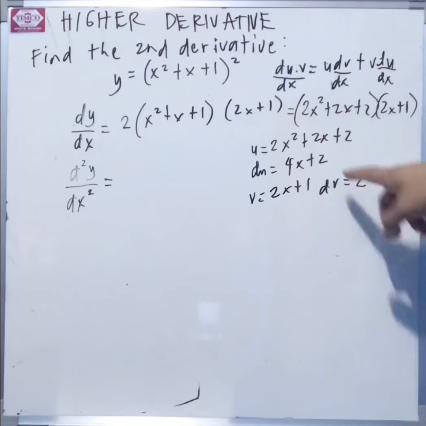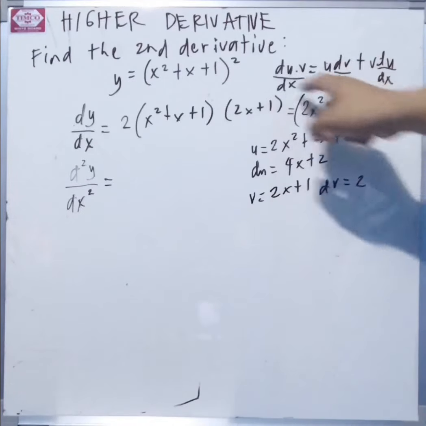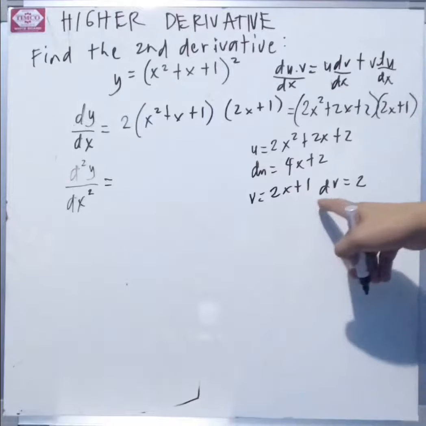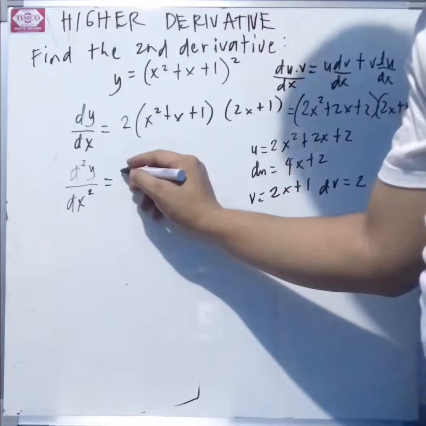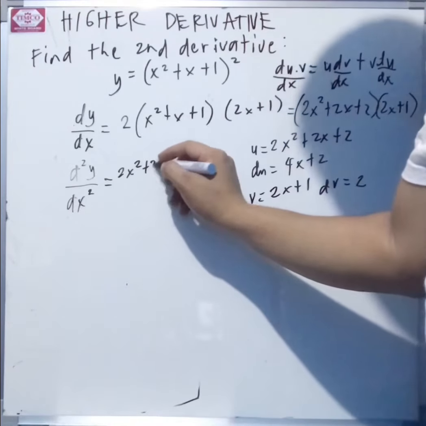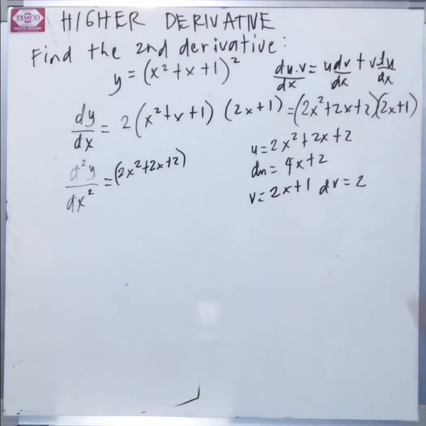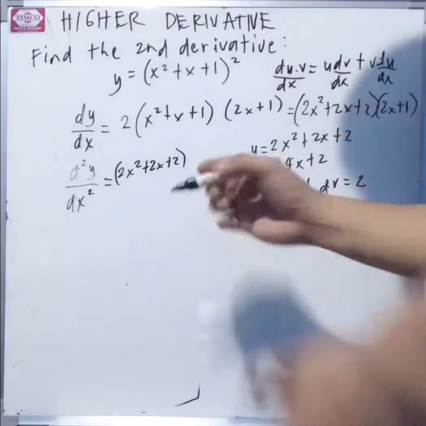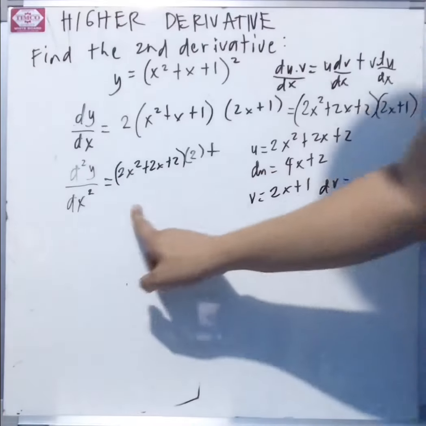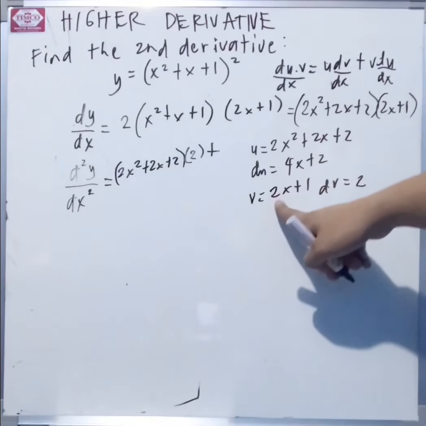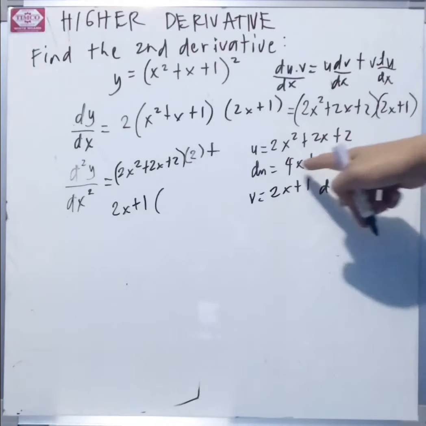Okay, so we substitute u, du, v, and dv into our formula. So the second derivative: u, 2x squared plus 2x plus 2, times dv, which is 2, plus v, 2x plus 1, times du, 4x plus 2.